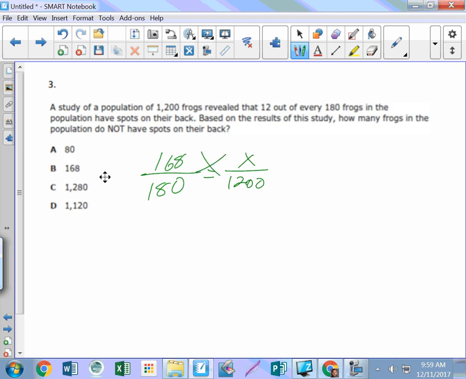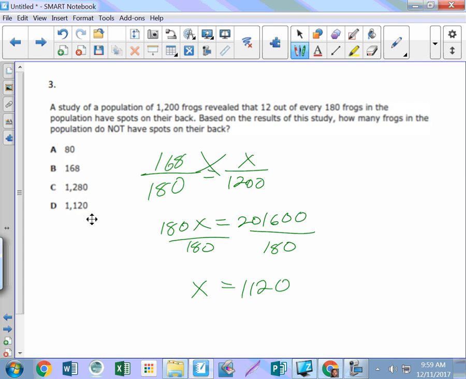Multiply those two, you could reduce. Cross multiply that, 168 times 1,200 equals 201,600. Divide both sides by 180. And it will be 1120. So D was the answer.